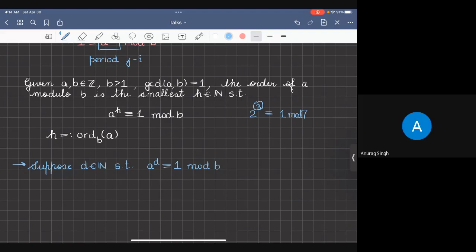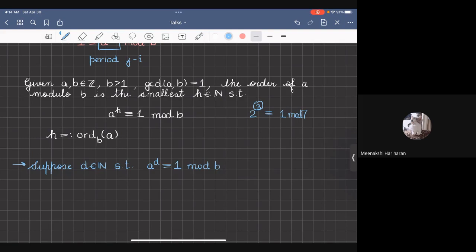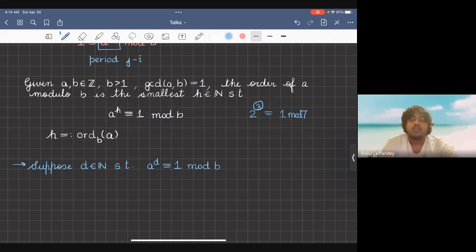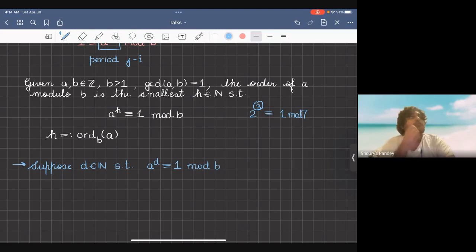Why? Because the cycles have a definite length. Every h steps the cycle repeats, so d is a multiple of it. Well, but maybe it also repeats every d steps and also every h steps.